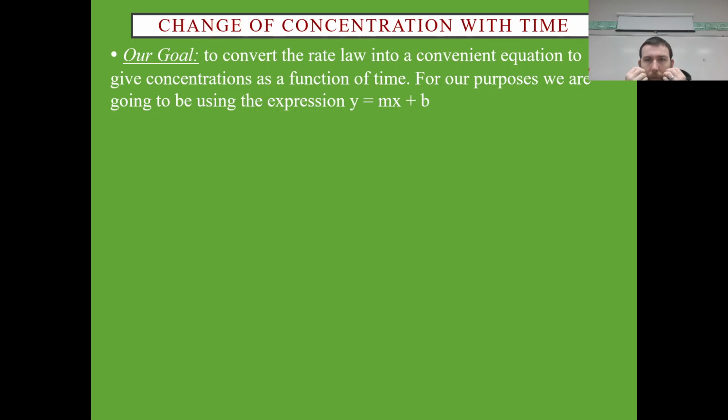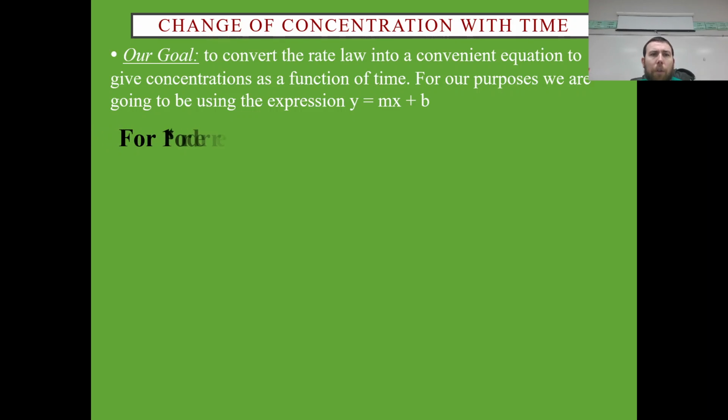What we want to be able to do is take our rate law and convert it into a convenient equation that's going to give us concentrations as a function of time. For our purposes, we want to use the equation of a line, y = mx + b. Our goal is going to be taking those rate laws that we have and converting them to a useful expression that can be used to solve for those concentrations.